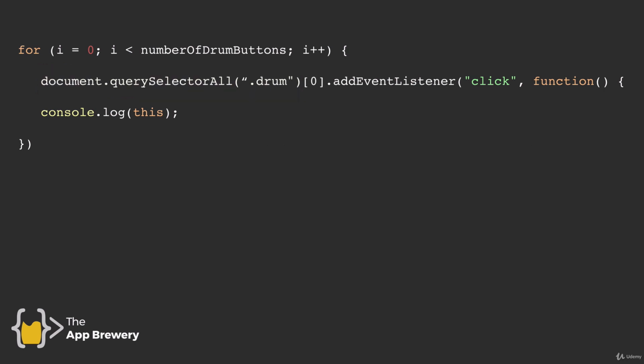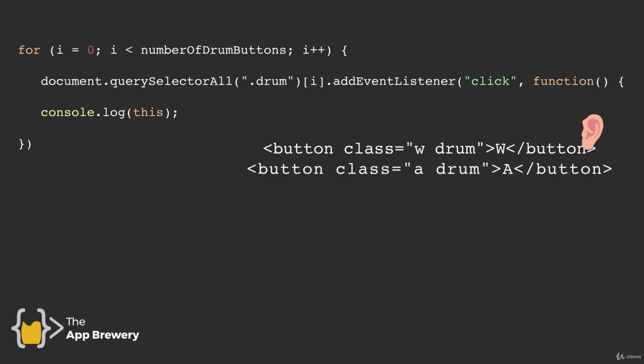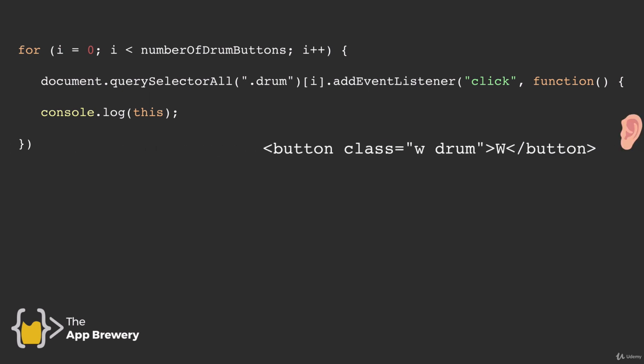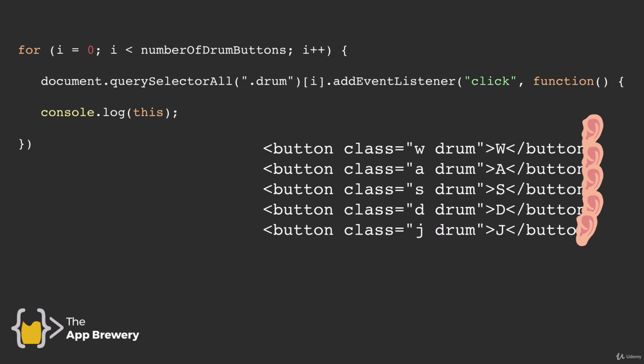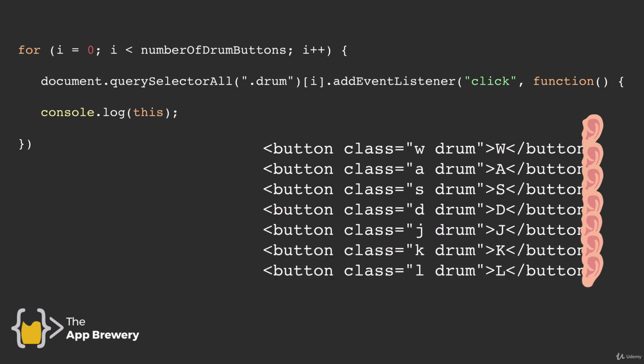Now the next thing we do is we loop through all of those elements, starting from when i is equal to 0, and we add an event listener to it. And the next time we loop through, then i becomes 1, and now we add the event listener to the second button. So essentially, our code will go through all of the buttons in turn, selecting them and adding the event listener until we've gotten to the end of all of our buttons.